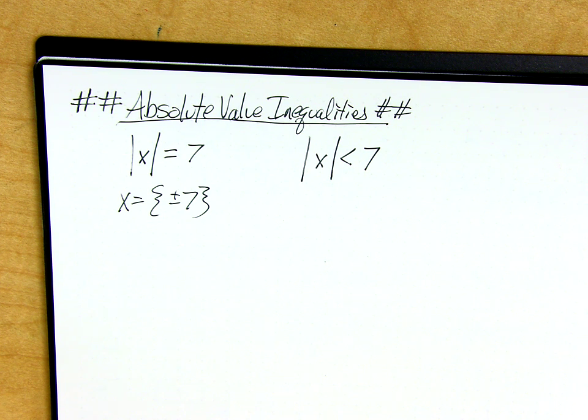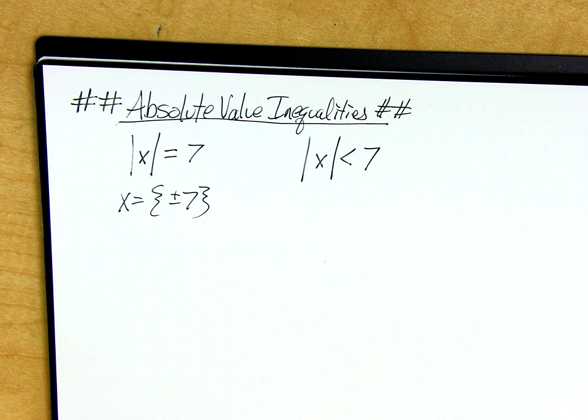Just like on the positive end, I could get as close to 7 as possible, but I can't actually touch it. So I could go to like 6.999999999 if I wanted. Same thing in negative land, as long as I don't actually get to negative 7. Okay? Does that make sense? So this answer is a range of numbers.